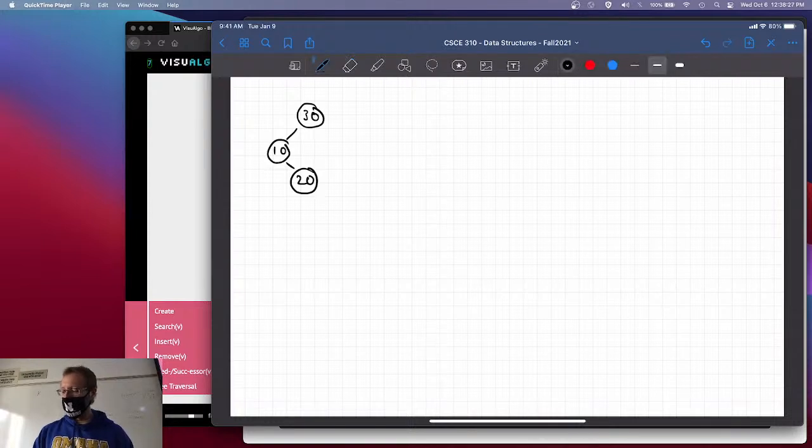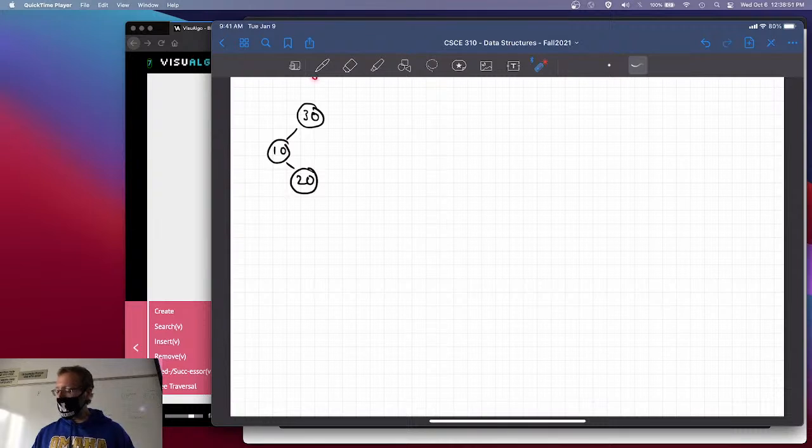Okay. I want to make sure that I preserve the binary search tree property. So I'm going to do a combination of rotations. First of all, I'm going to look at 10 here. It has no left child, but it does have a right child. So in that sense, it's skewed to the right.